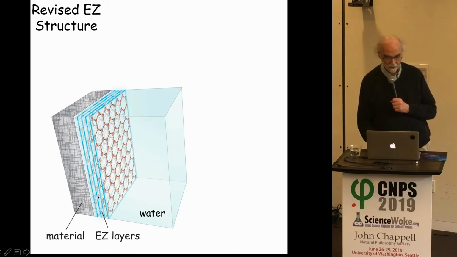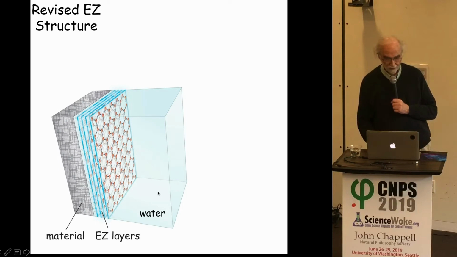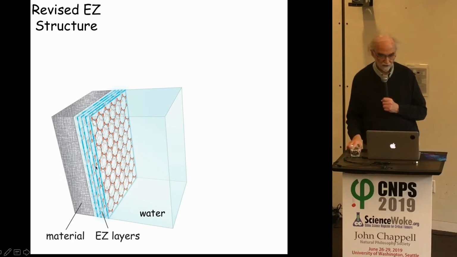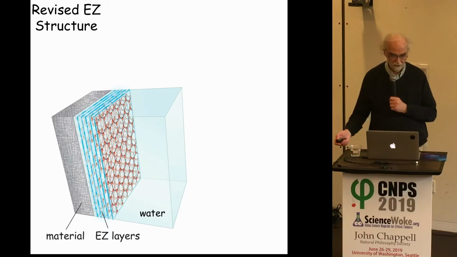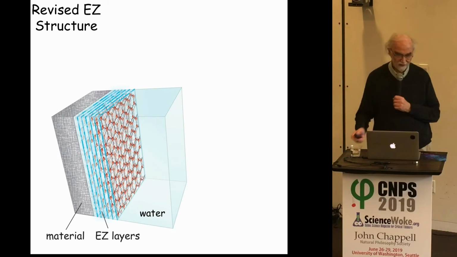So you have a surface, a material that's capable of generating EZ, some hydrophilic surface, next to water. And what happens is the EZ layers grow in sheets. These are hexagonal or honeycomb sheets. And they grow one at a time. So you see something like this and this. And they just keep growing one sheet at a time until it stops growing.